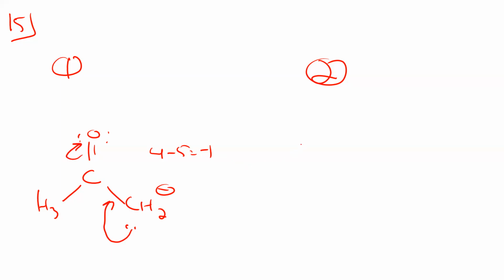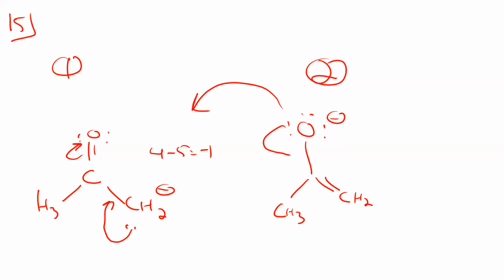And once that happens, you're going to get a structure that looks like this. To go back to this structure, all you're going to have to do is do the opposite. So that was question 15.